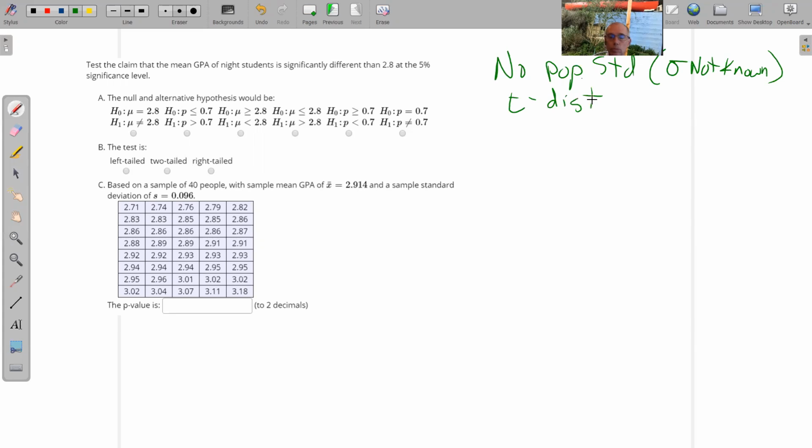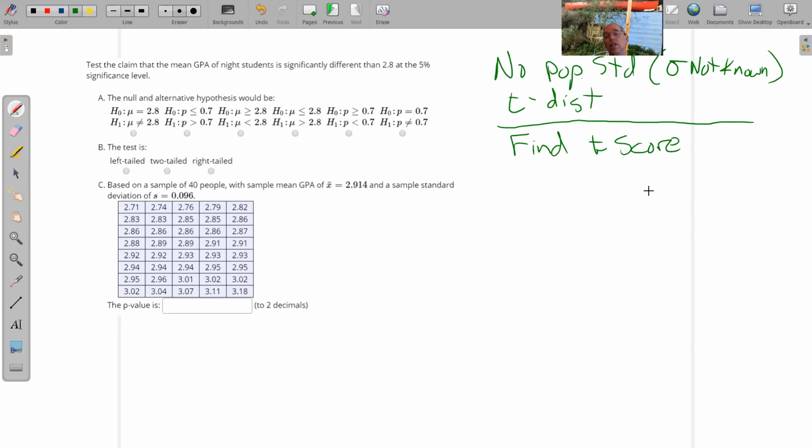All right. So I got to use a t-distribution here. So to use a t-distribution, you need to take the data and turn it into a t-score. So find t, that's supposed to be a t-score.